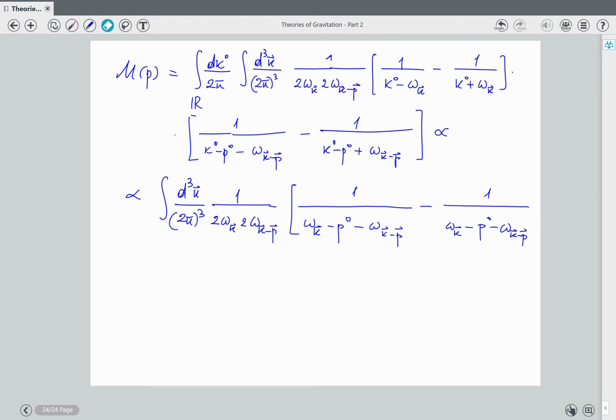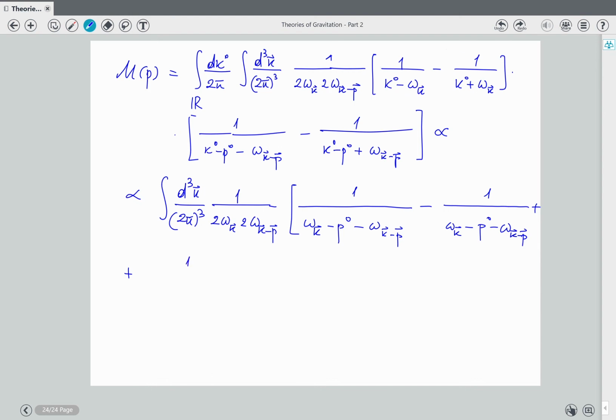So this is one pole. We have computed that for k0 equal omega k. Then you have to add the other residue, which is this computed for k0 equal to p0 plus omega k minus p.